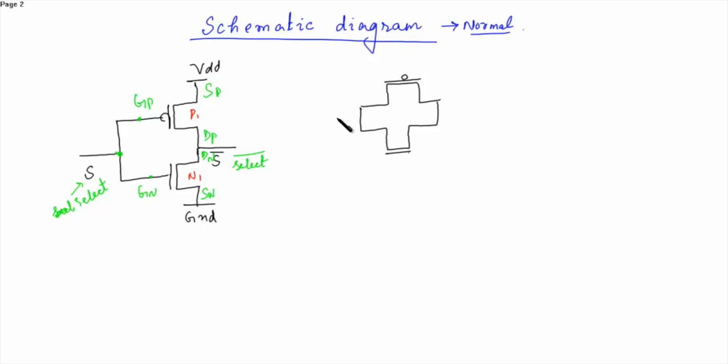This is the input. This is the output. Now here select bar is applied. So from here this is select bar, and the select is given from here.